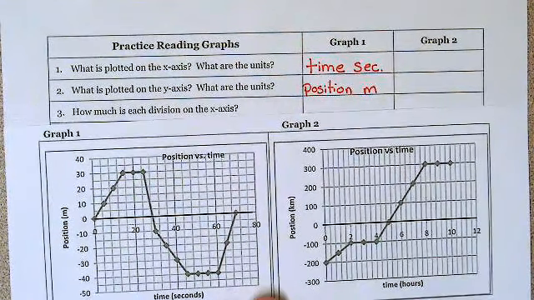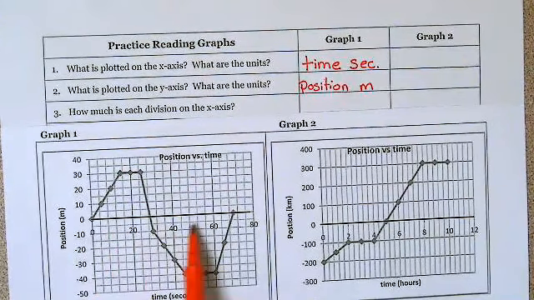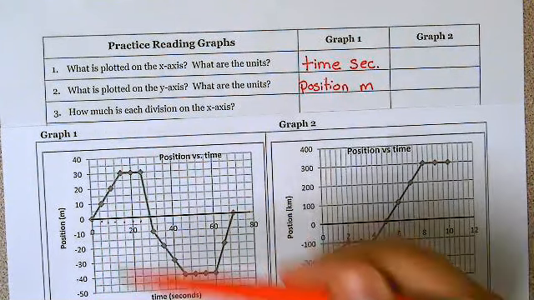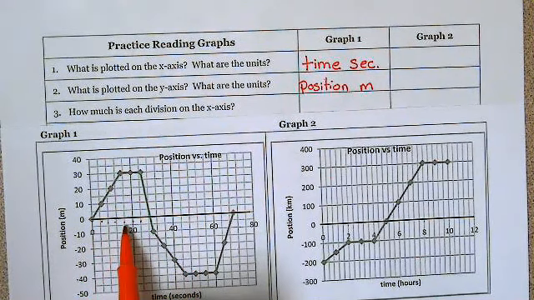All right, question number 3. How much is each division on the x-axis? So we're looking at the x-axis and we want to know each of these little hash marks, the grid that's being made here, what do they represent? So I have 0, 20, 40, 60, and so on. So we need to count. 1, 2, 3, 4, 5. So I have 5 in between here.